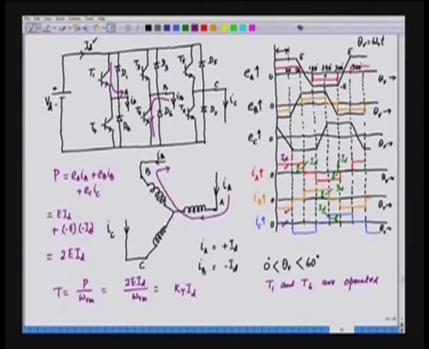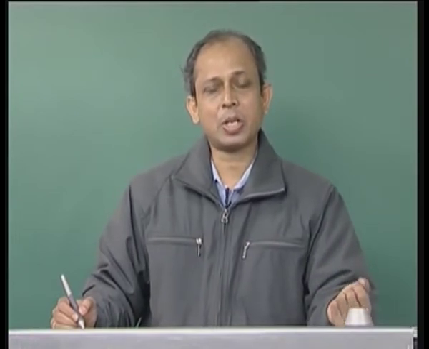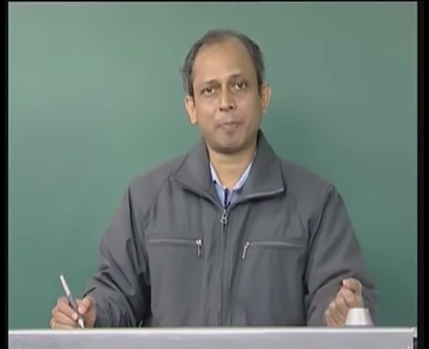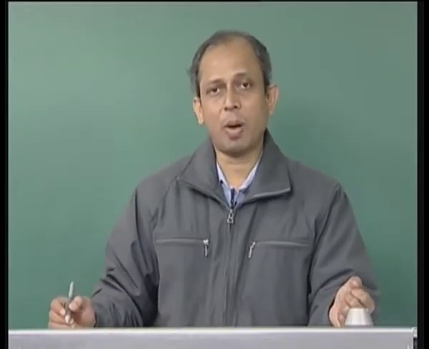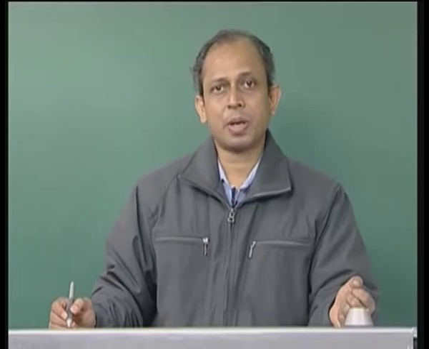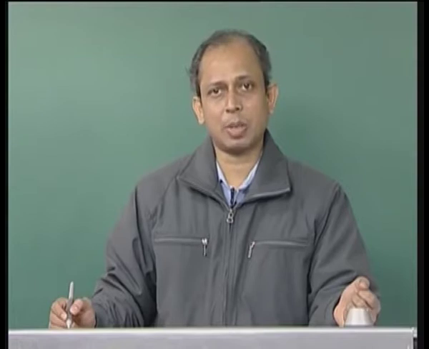So, we can show that the torque is proportional to the DC link current. In fact, we can increase the torque by increasing the DC link current and decrease the torque by decreasing it. So, the torque waveform will be a smooth waveform that is a function of ID, and torque is equal to kT into ID, just like a DC machine.